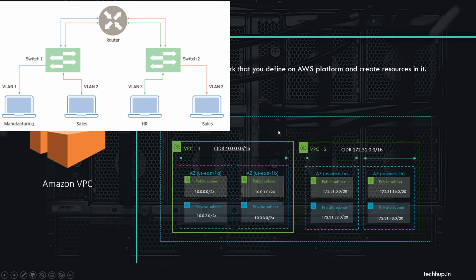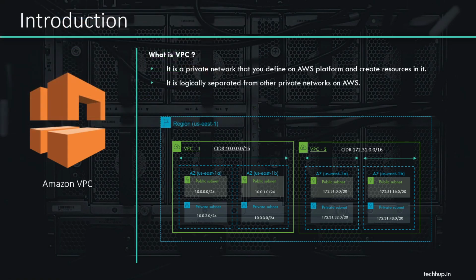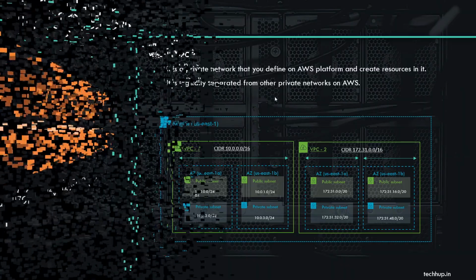There are controls that can be put in place to provide visibility for the VPC resources to external networks or other VPCs, and we will discuss that later in this video. As understood, VPC is logically separated from other private networks on AWS and from other VPCs as well.